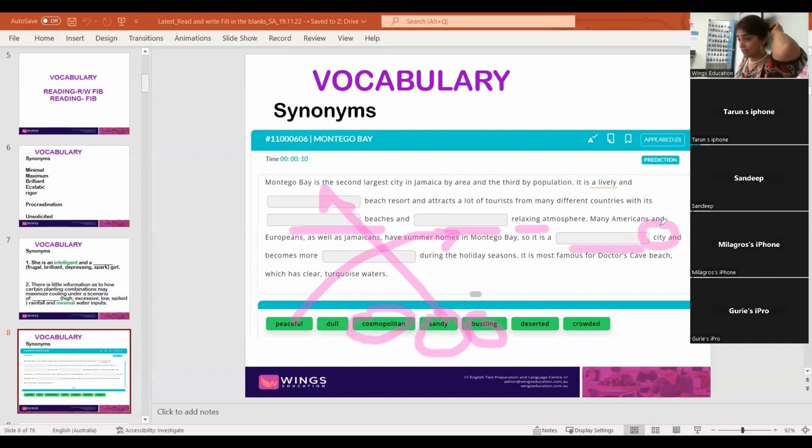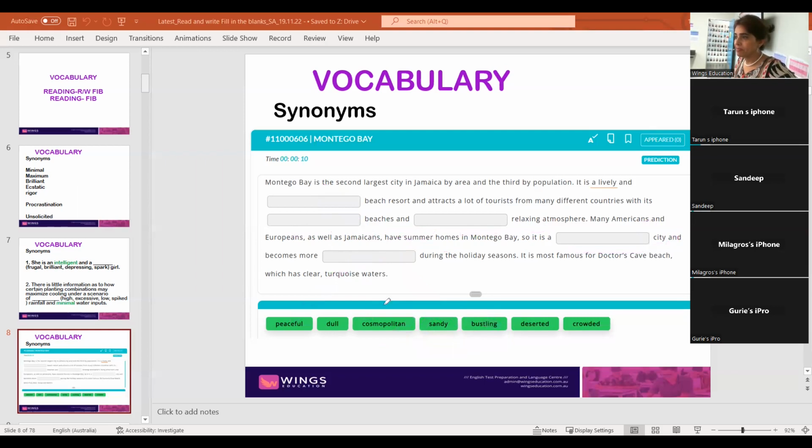You did my class last week. Collocations are words which go together, the words that come together. So with city, I'm looking for the word cosmopolitan. Yes, because cities can't be sandy. Cities can't be peaceful. Cosmopolitan.